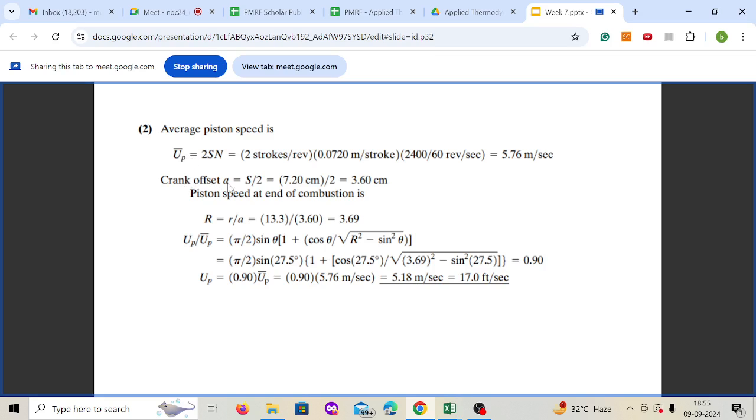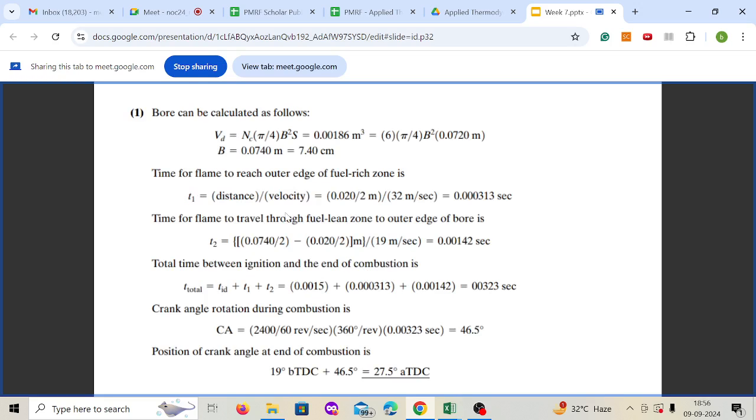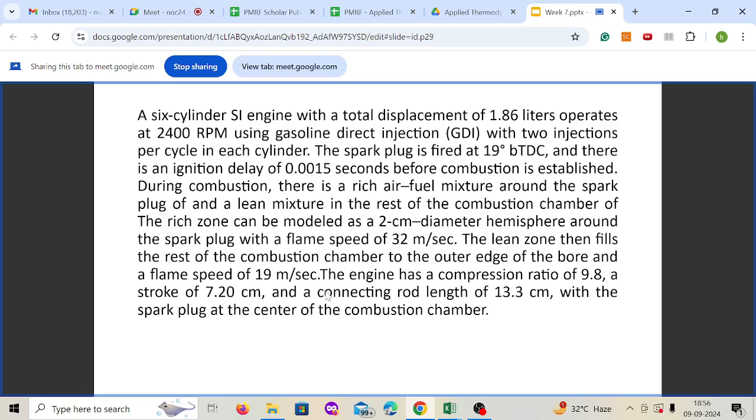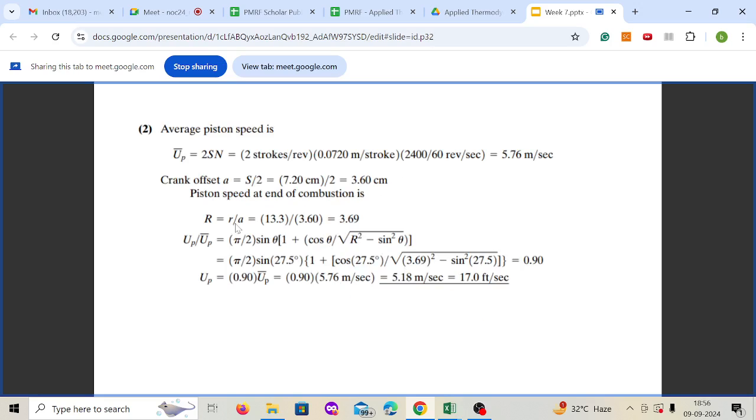The crank offset will be the stroke length divided by 2, which comes out to be 3.6. To find the piston speed at the end of combustion, we find R, which is the connecting rod length divided by the crank offset: 13.3 divided by 3.6, which comes out to be 3.69.